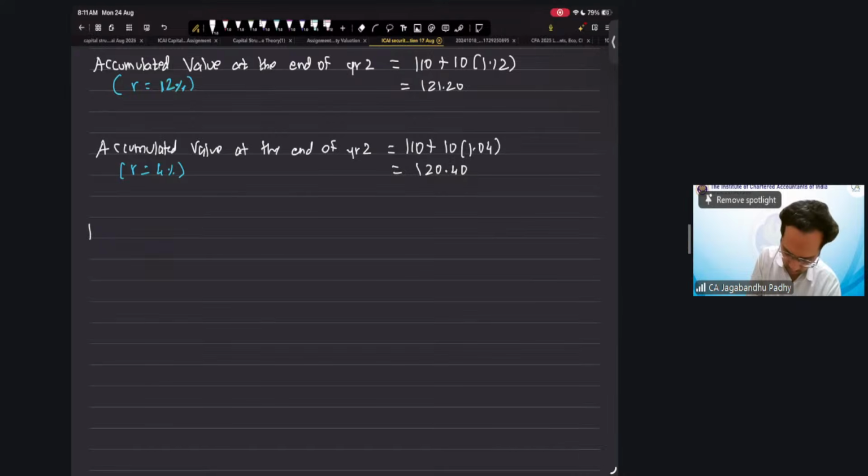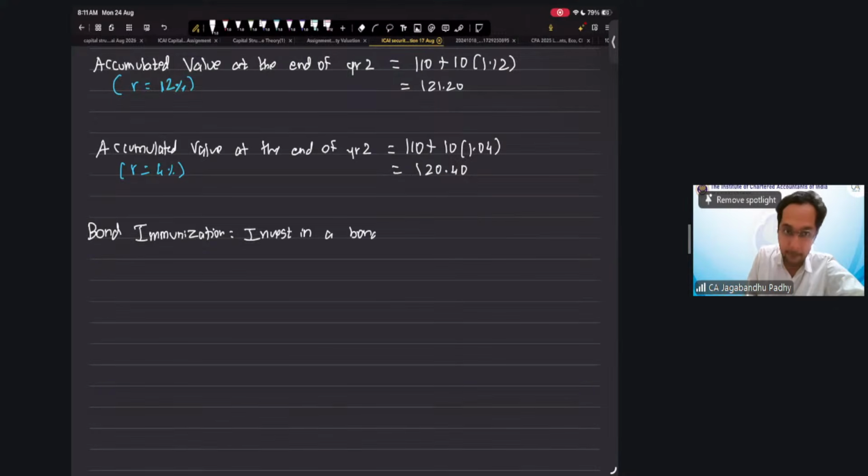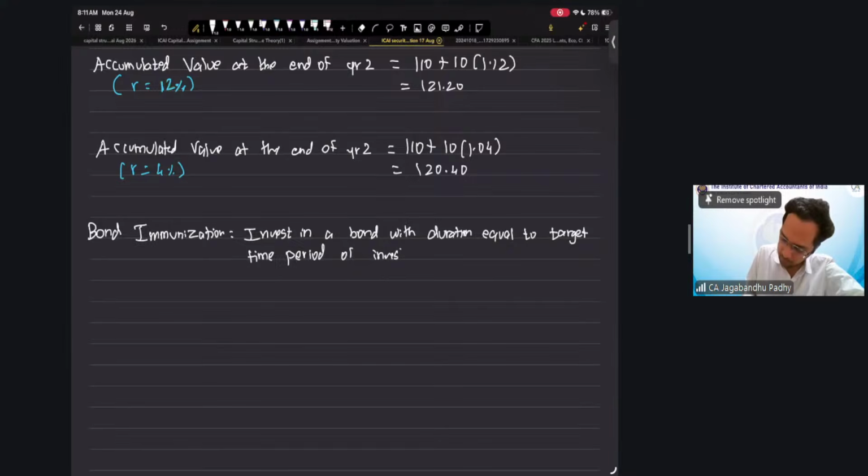In bond immunization, we invest in a bond with duration equal to the target time period of investment.